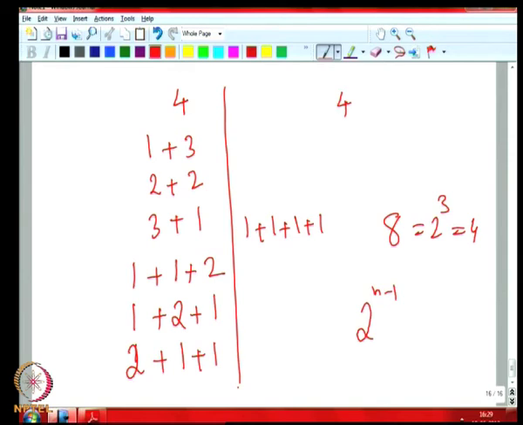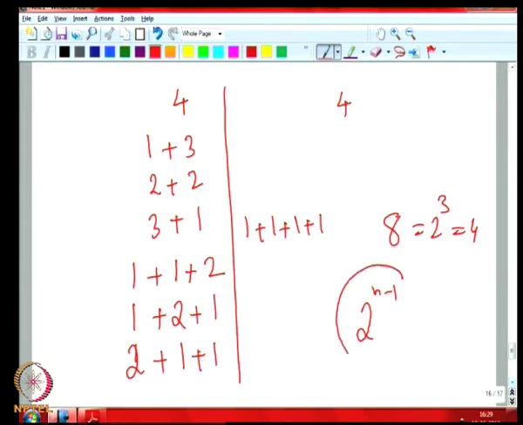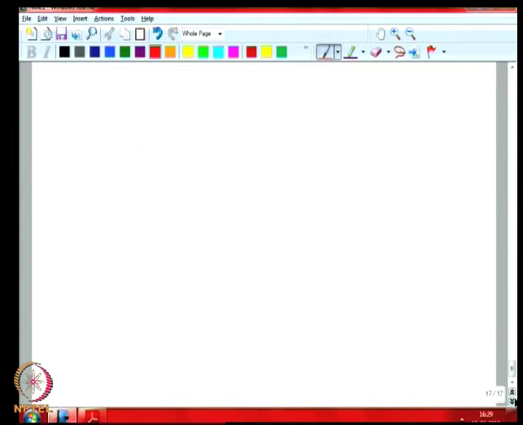So we will use generating functions to get the same answer. We already know the answer, but we want to demonstrate the use of generating functions to get this.